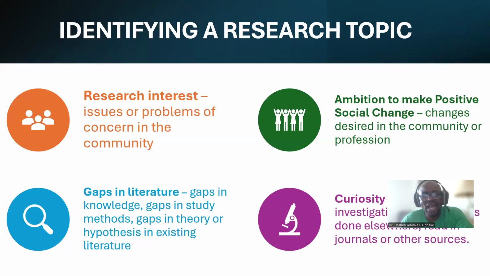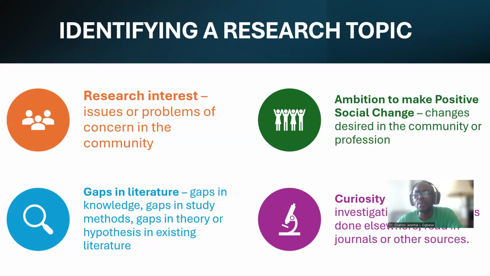You can say that you have research interest. You can say that, yes, you are interested in this topic because you have an ambition to make a positive social change through research. That you believe that we do not understand the problems that exist in this community, in this profession, we don't know enough about the factors around it.